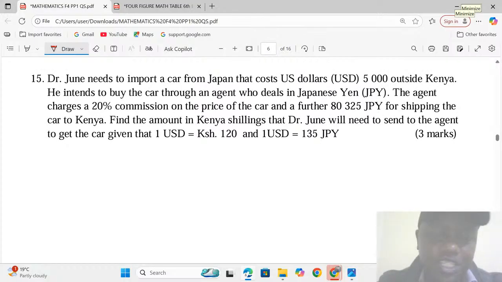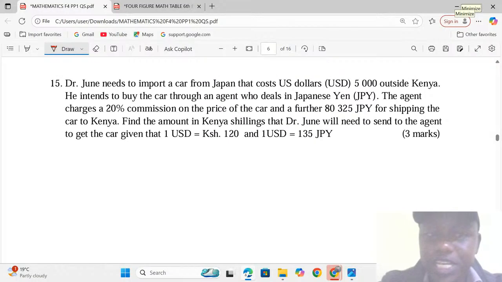Let's check this question now closely. Dr. June needs to import a car from Japan that costs 5,000 US dollars outside Kenya. He intends to buy the car through an agent who deals in Japanese yen.